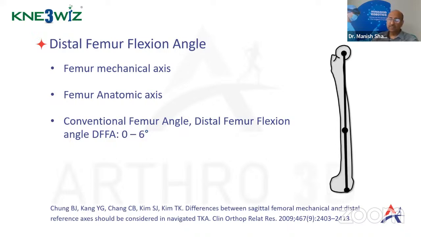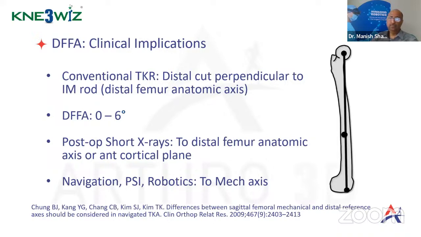This represents the bow of the femur. Normally, in conventional TKR, the distal cut is perpendicular to the intramedullary rod, and the intramedullary rod is in 0 to 6 degrees of flexion to the mechanical axis.